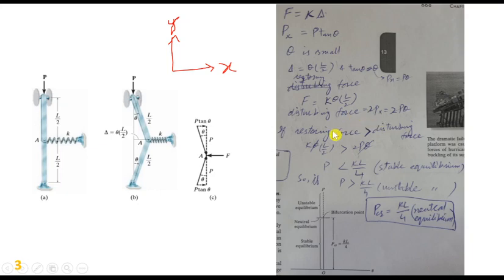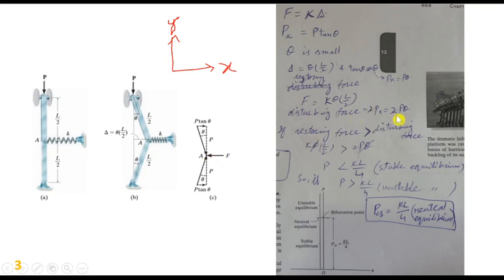If the restoring force of the spring is greater than the disturbing force, K theta L by 2 greater than 2P theta, theta will cancel out, P will be less than KL by 4, and it is in stable equilibrium, because we have considered this restoring force.